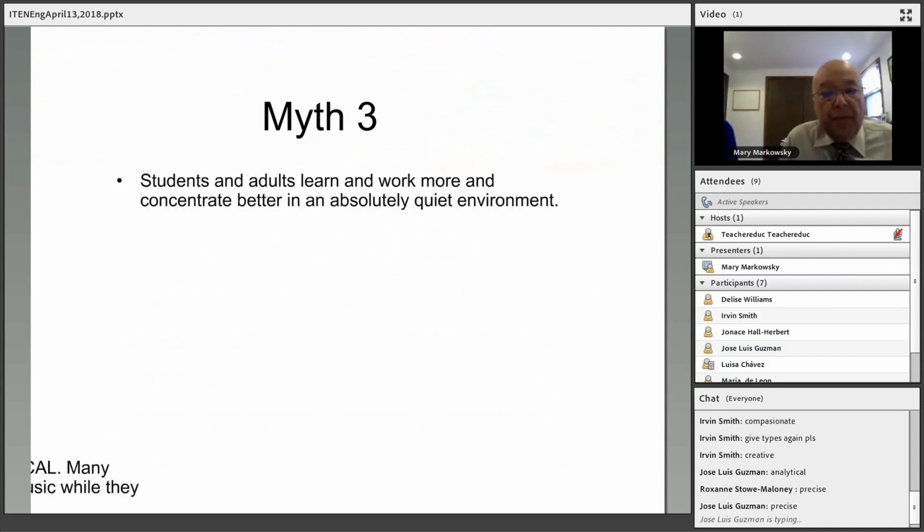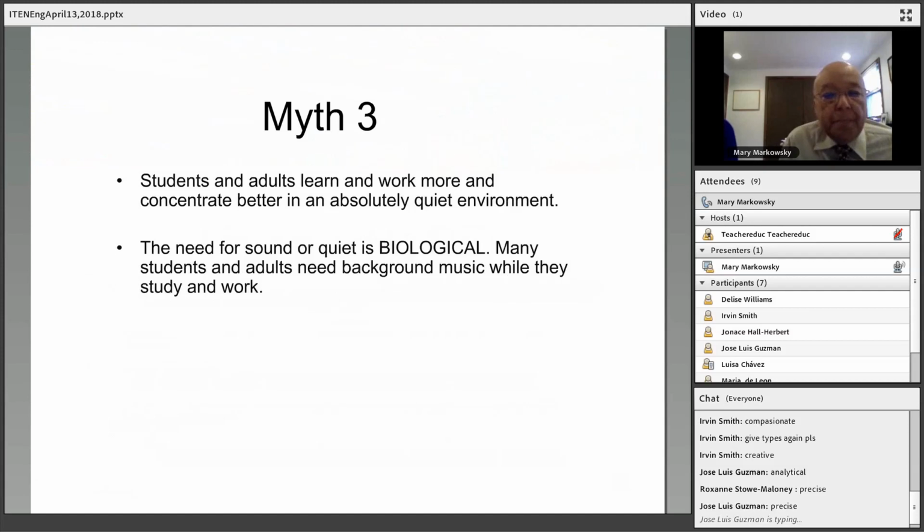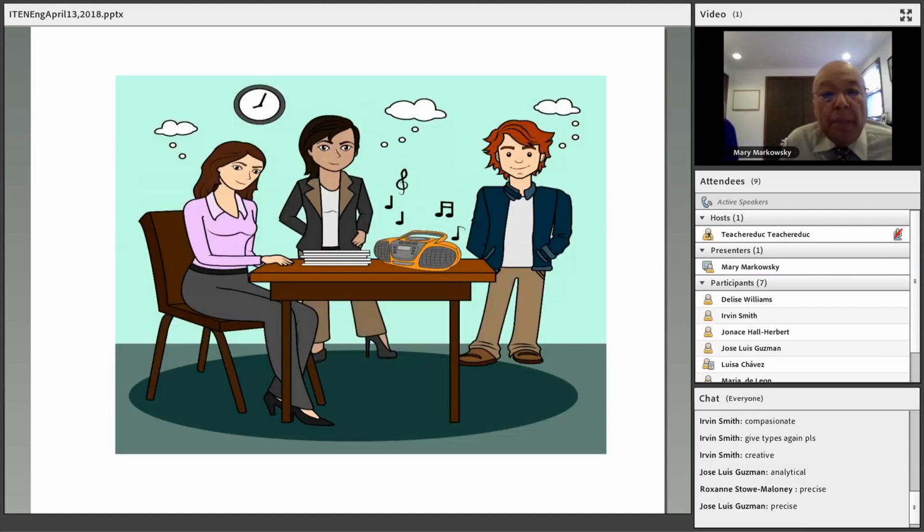Okay, myth 3. Students and adults learn and work more and concentrate better in an absolutely quiet environment. The need for sound or quiet is biological. Many students and adults need background music while they study and work.